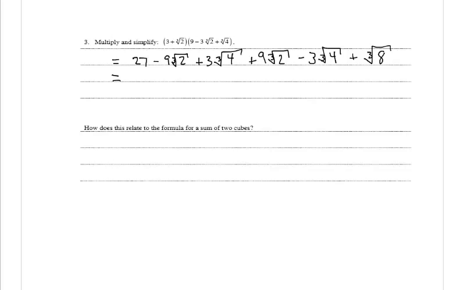So I notice that we have negative 9 cube root of 2 and positive 9 cube root of 2, so they're going to cancel each other. And then we have 3 cube root of 4 and negative 3 cube root of 4, so they're going to cancel. So I have 27. And now I have the cube root of 8, which is 2. So plus 2. So 27 plus 2 is equal to 29.